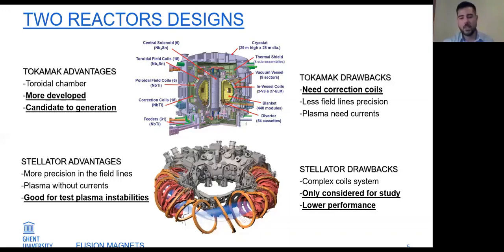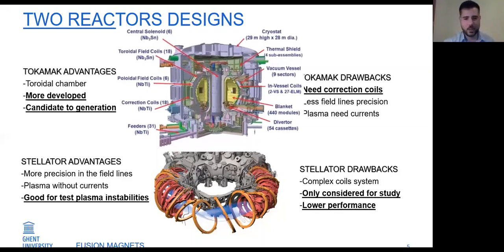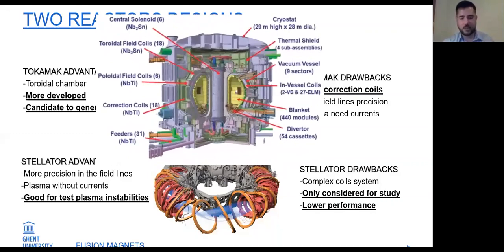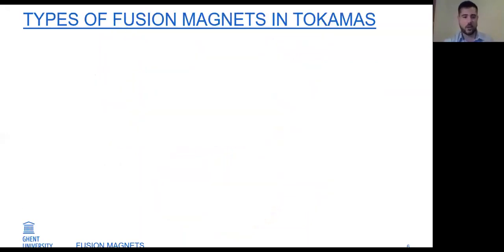However, it has a complex coil system that makes it tricky to realize, and it has lower performance than the tokamak, or let's say the next future tokamaks. So the topic for today is superconducting magnets in tokamaks, not in stellarators. That will be a totally different study.